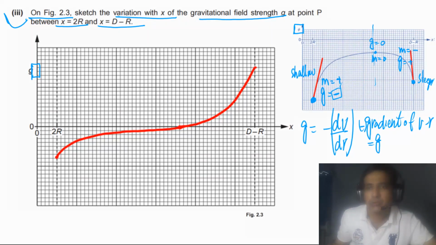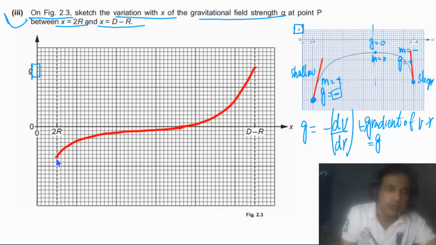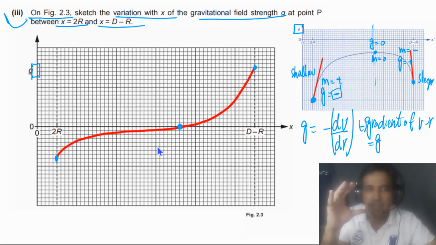This is how you can sketch a proper graph. This point is very important. It has to be at a lower value of g, and here we should have a higher value of g. And the point where the gradient is 0, this one has to be equal to 0. So this is how you need to sketch a very important graph from this topic.